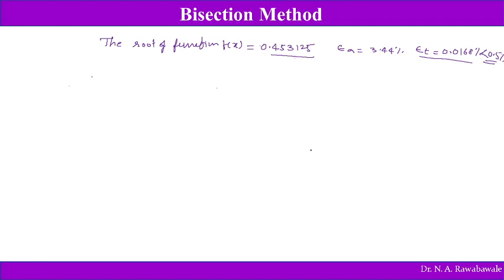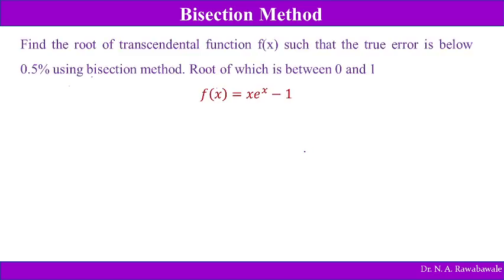So this is how we have simplified this numerical. Now we'll move to the next numerical. This is another numerical where the function is a transcendental function. One more thing which is given is that the root of the transcendental function falls between 0 and 1.